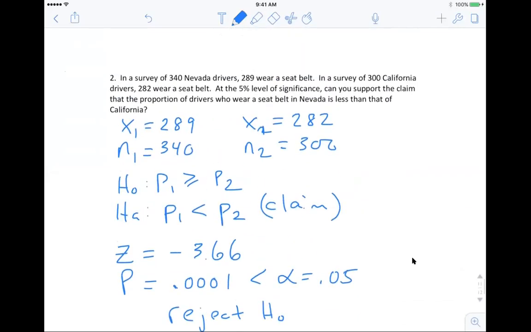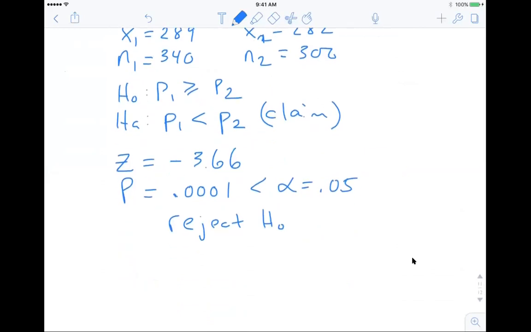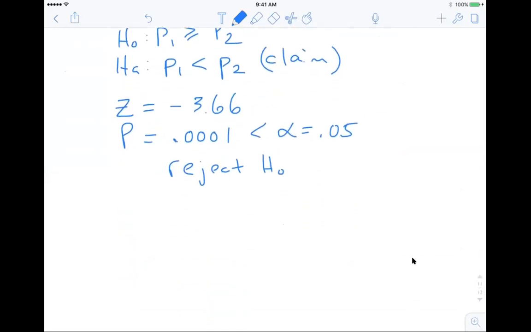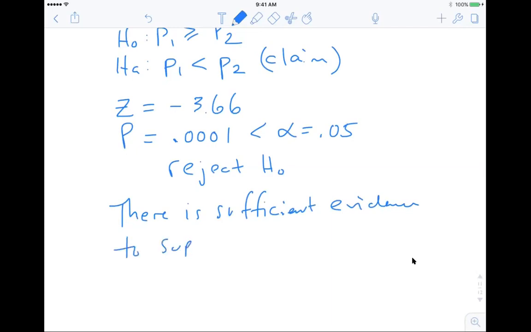And if we're rejecting H sub 0, we're going to support HA. There is sufficient evidence to support the claim. So you always use the word sufficient or enough when you're rejecting H sub 0. And if HA is the claim, you're going to use the word support. If H0 was the claim, you'd use the word reject.